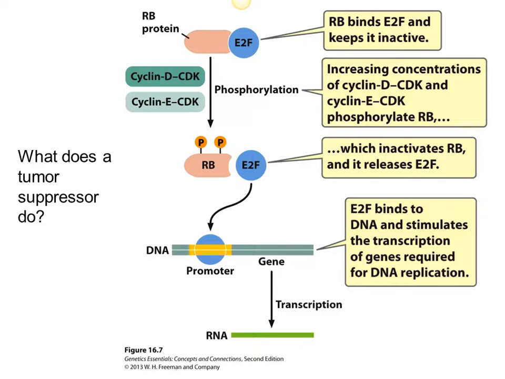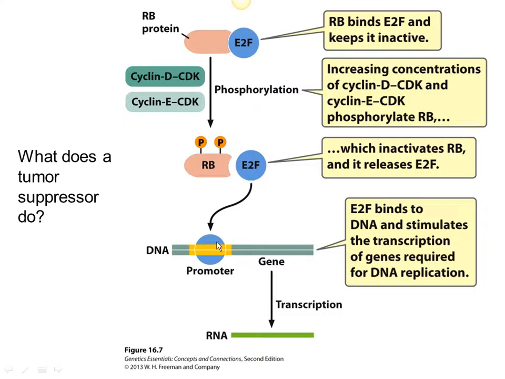Now during the cell cycle, during the different phases, there are buildups of proteins you may have heard of called cyclins and CDKs. The increase in concentration of cyclin-D and cyclin-E with their corresponding CDKs results in them being activated, and they will phosphorylate, which means put phosphate groups onto the retinoblastoma protein, which changes its conformation and causes it to release its hold on E2F.